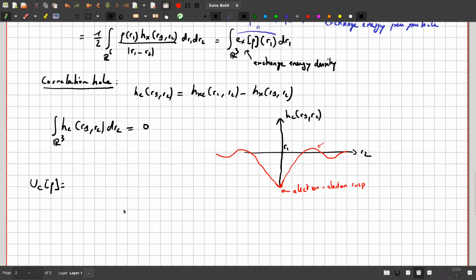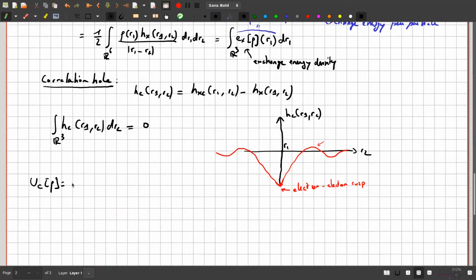Yes. Okay, so let's continue. So the U_C of rho, the potential energy contribution, is, as you recall, the expectation value of W_ee over psi of rho, minus the expectation value over the Kohn-Sham determinant.